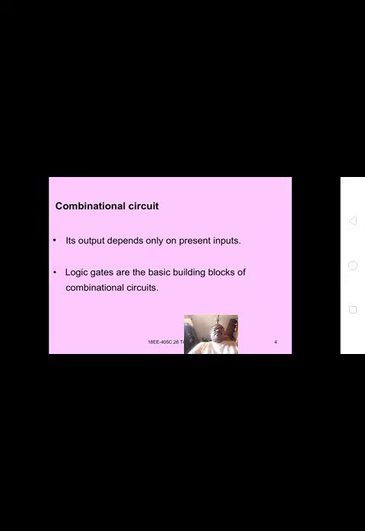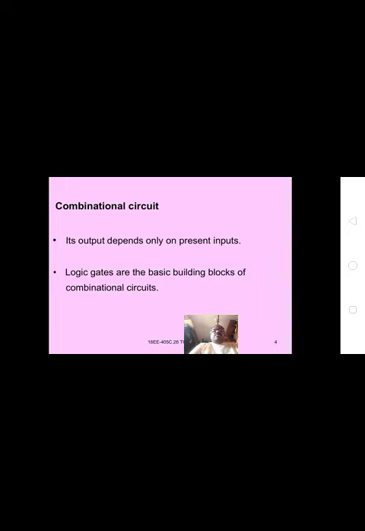Today's topic is combinational circuit. It is a circuit in which output depends only on present inputs. Here the simple definition is the circuit in which its output depends only on present inputs. That means the thing which we learn today is combinational circuit.